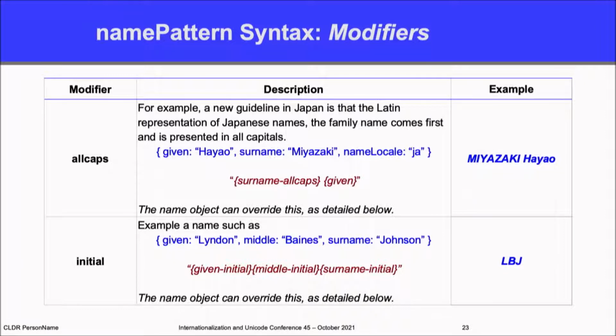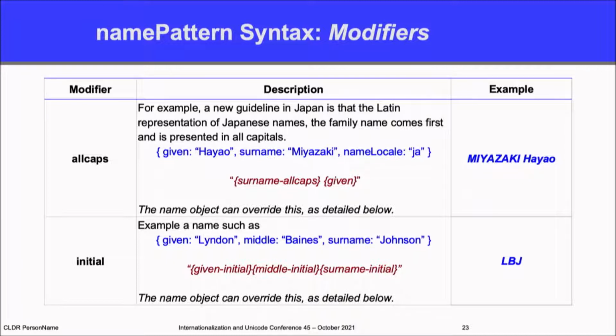So for instance, if you're doing the monogram syntax, it might have given initial, middle initial, surname initial, and so a past president, you come back with his initials, LBJ, based on what the values are.